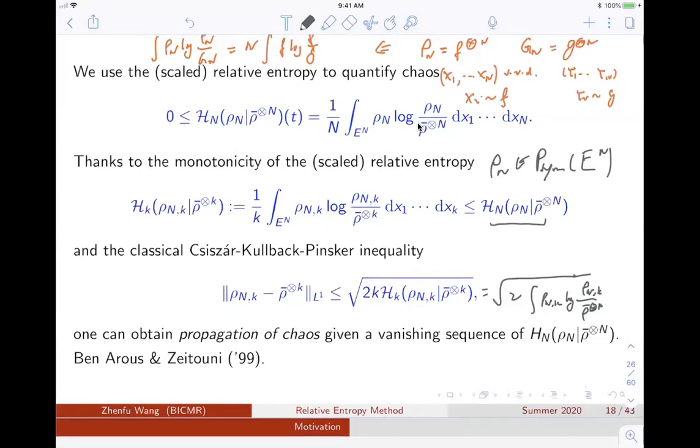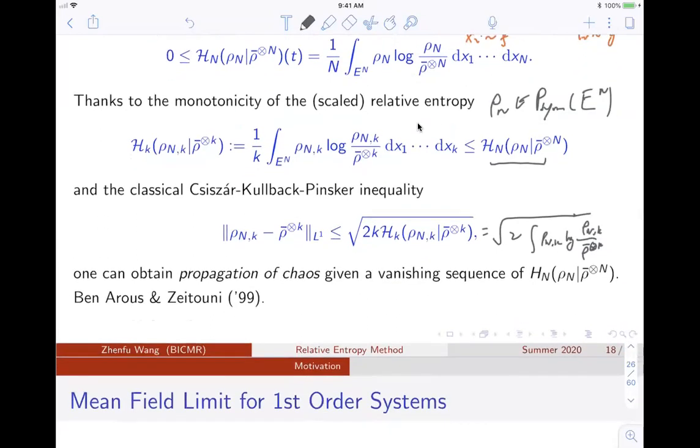Let's assume initially we have a vanishing sequence. So rho bar 0 is the initial data for the PDE, and rho n 0 are the initial distributions for particles. Usually we assume the initial quantity is small, otherwise you cannot do that.